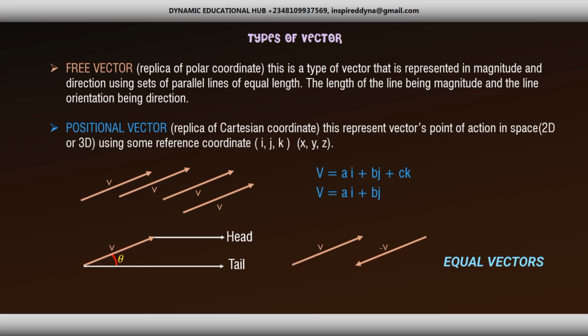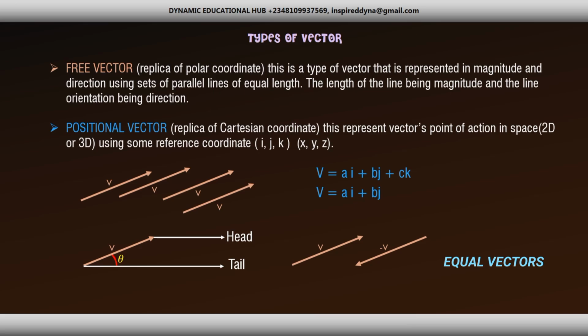Now, this is just the introductory class to vectors. In my subsequent video, we are going to start properly. Now, what have we learned so far? We discussed scalars, that scalars are quantities that only have values. The defining thing about scalars is their value, so you are not using any other things to define them. For example, we talked about distance, energy, power, and the likes.